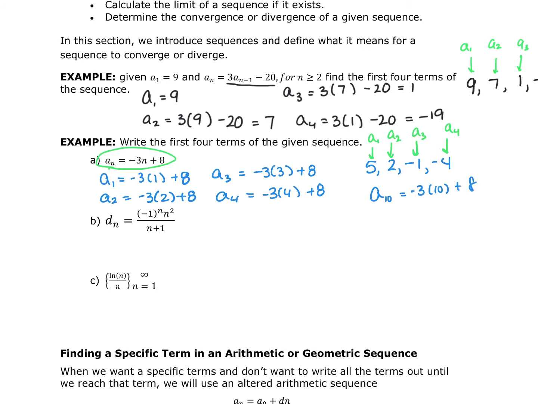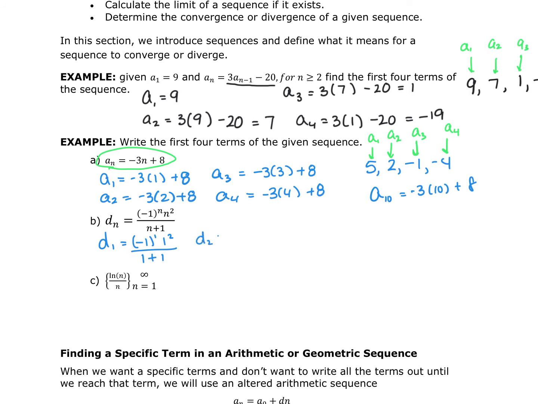My next example is an alternating sequence, and I know it's alternating because of this negative 1 right there. So let's go ahead and start out with d sub 1, which means I'm going to put 1 wherever I see n: negative 1 to the first power, 1 squared over 1 plus 1.